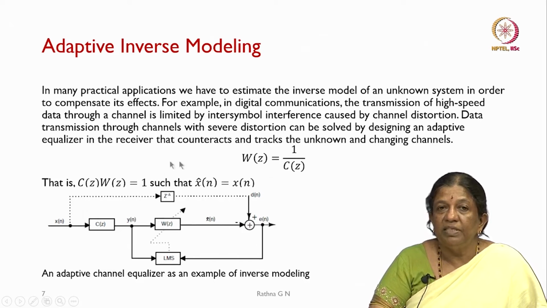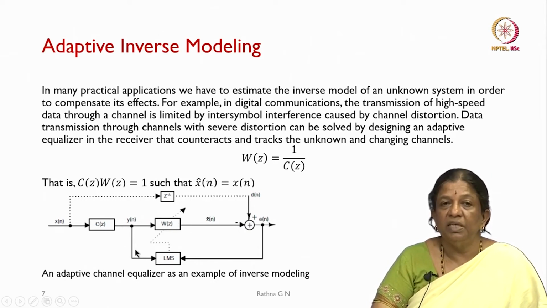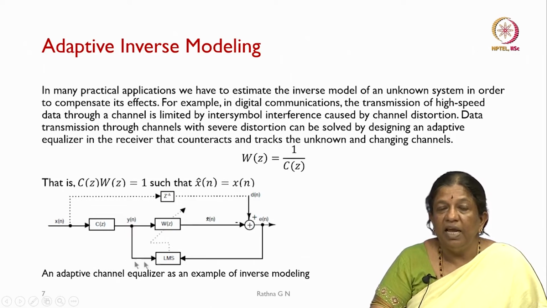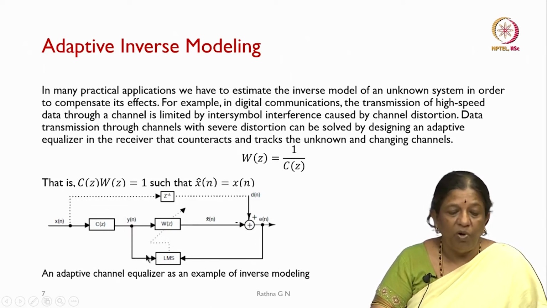This is what one has to design, and then C of z into W of z should be equal to 1, such that x hat of n is equal to x of n.